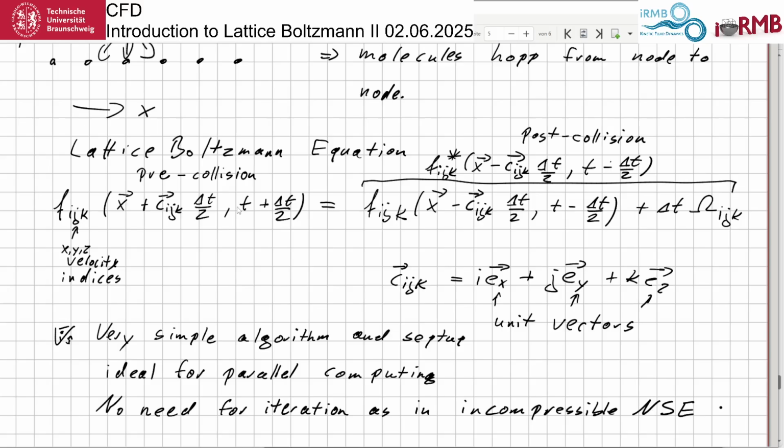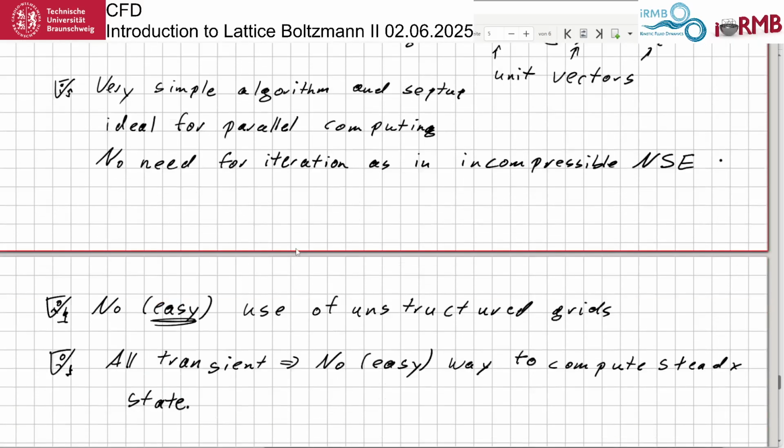If you know something about numerics, you know that symmetric discretizations are always one order better than non-symmetric discretizations. This is why you should always try to use centered finite differences and centered time integration. Having centered time integration is normally very difficult in numerics, but Lattice Boltzmann has centered time integration, which is a particular advantage.